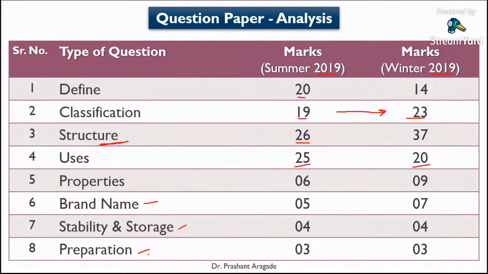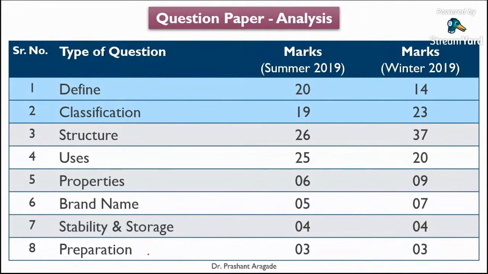So now you know the types of questions asked. Already we have seen the syllabus, and now we have seen the question paper. Now we have come to know the different types of questions asked in examinations or in Viva, isn't it? Now you have all the images in your mind, because you know the syllabus and the different types of questions. Now it's up to you to start the study of your Pharmaceutical Chemistry 2.